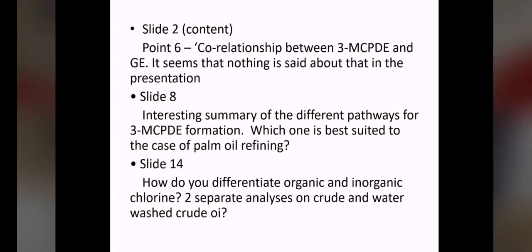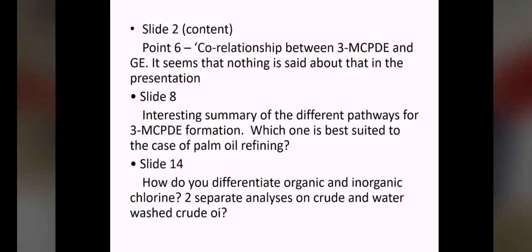Interesting summary of the different pathways for 3-MCPD formation. He wants to know which is the best suited in the case of palm oil refining. And finally, slide 14, how do you differentiate between organic and inorganic chlorine? Do you do two separate analyses on crude oil and washed crude oil? So over to you then, Sham.